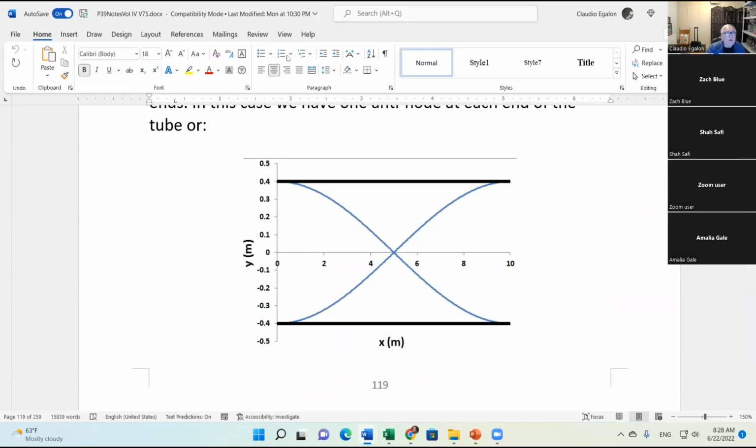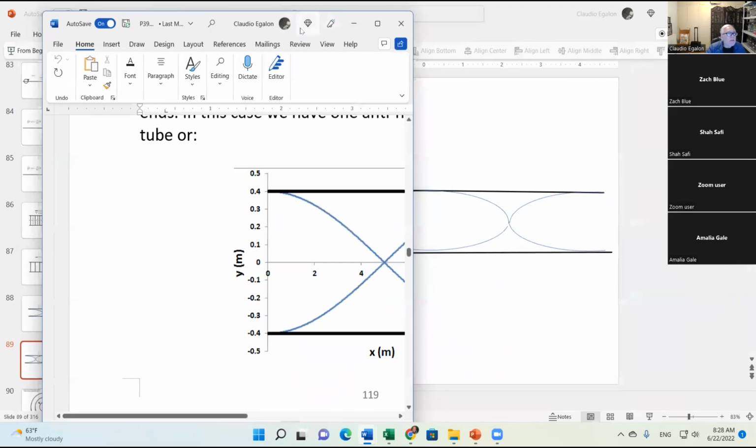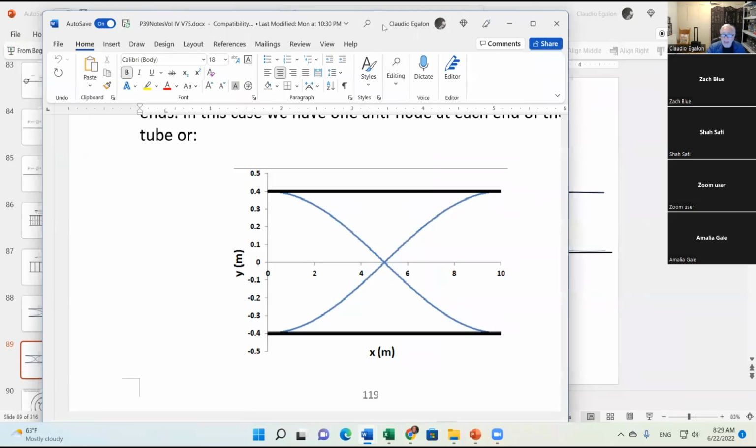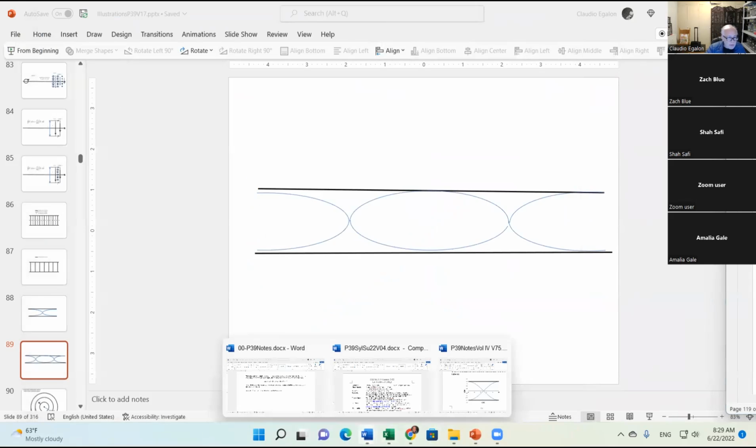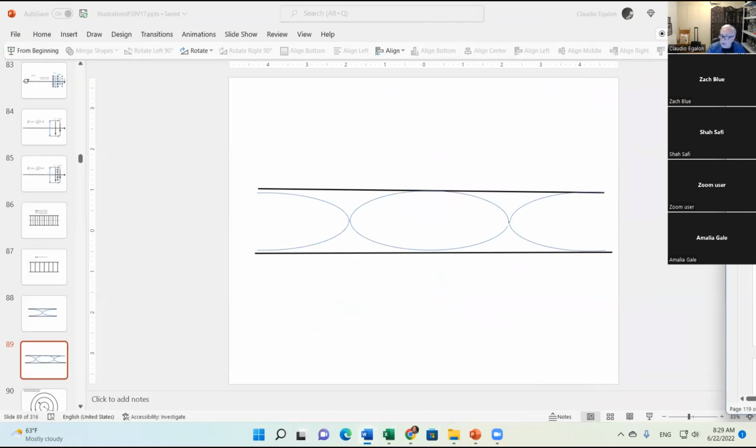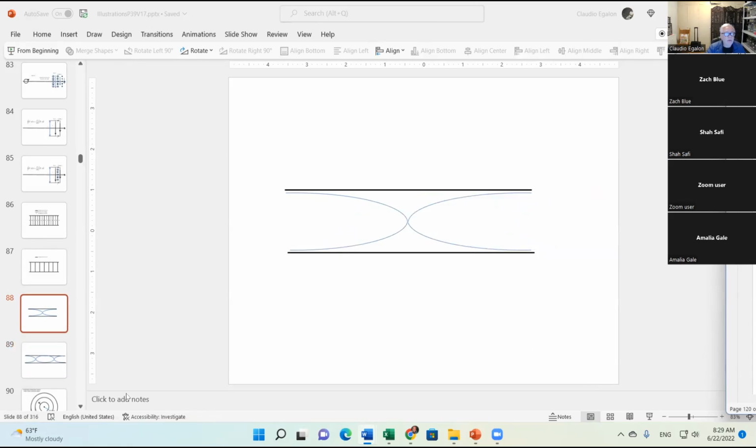Let's look at that. I'm going to put it aside. Here is a half wavelength within the length of the tube, right? So here you go, this one right here: 1/2 of a wavelength equal to L. Okay, so here you go.